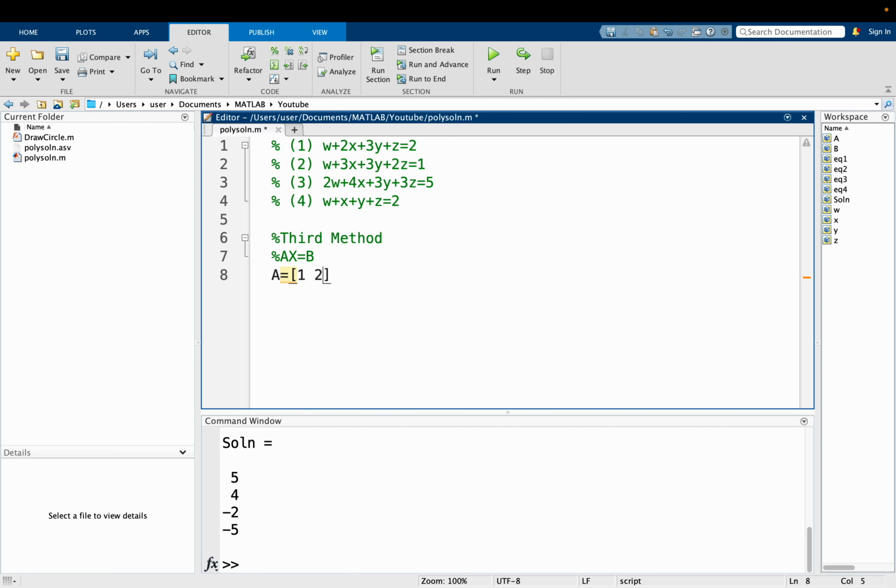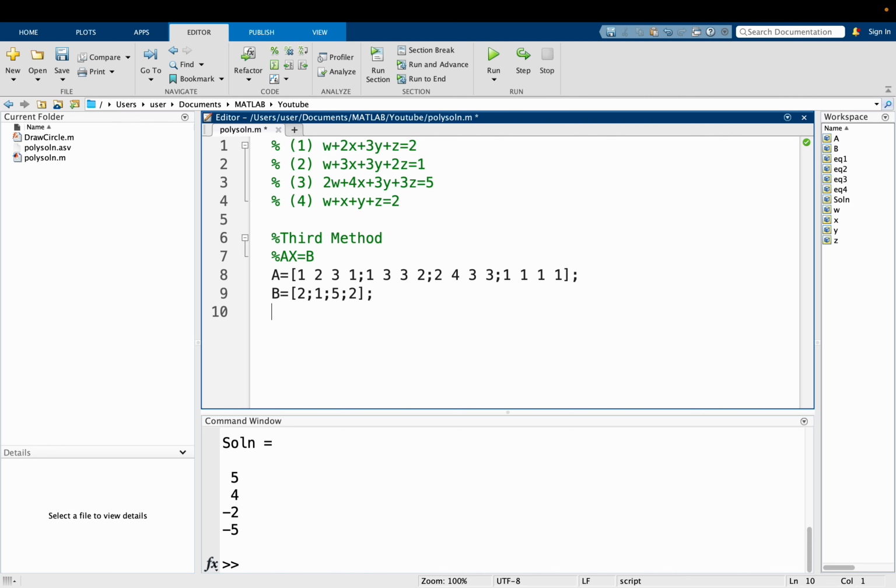So A will contain the coefficients of the unknowns, 1 2 3 1. Then I move to the next equation. So that is the first matrix. And for the second matrix, I will have B equal to 2. Then move to the next row, I will have 1, then the next row, 5, and then 2.